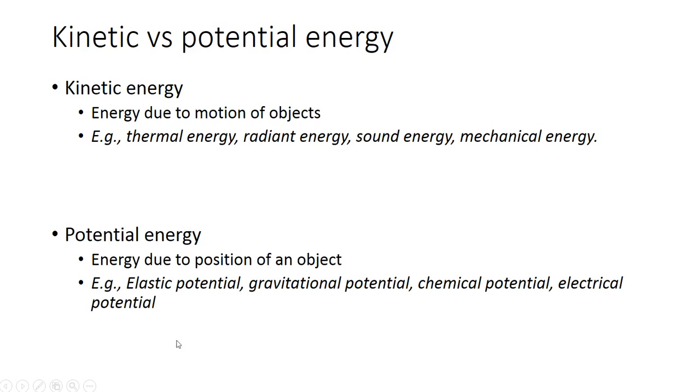So we have some examples. Elastic potential: if you pull an elastic rubber apart, one side and one side, and leave it extended like that, it's not doing any work. But if you drop it, it will come back together.